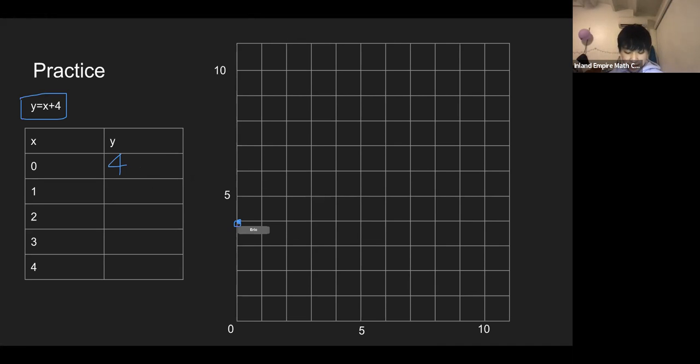So Jasper thinks it's 5, and that makes sense, right? Because 1 plus 4 equals 5. Yeah, so this is a pretty simple, arithmetic way of representing this. And through this, we would just get 1, 5. And if we extend the line out, then what do we get?